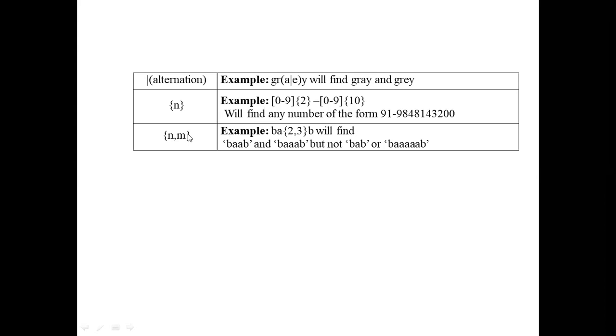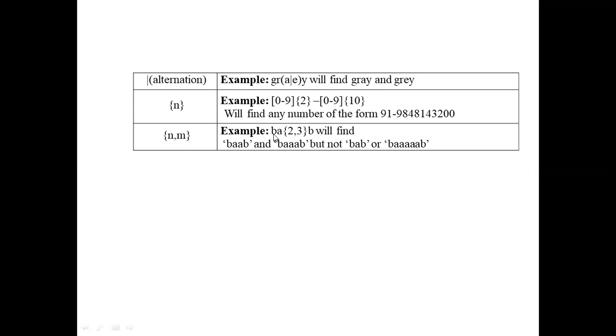So here ba{2,3}b: the preceding character before {2,3} is A. So A is repeated at least 2 times but not more than 3 times. That means we take A 2 times or 3 times.